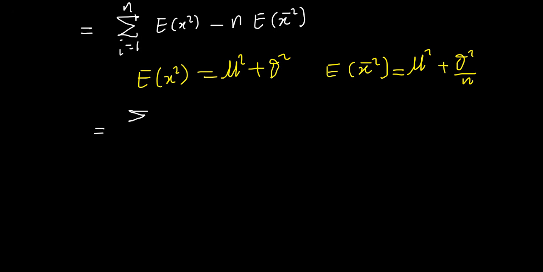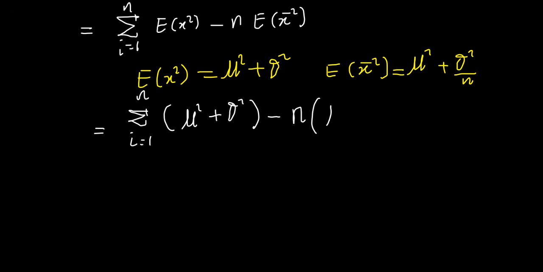That gives us the summation from the first term to n. So where there is the estimator of x squared, we can see what we're going to substitute. We are going to put mu squared plus sigma squared, and then we have got minus n. Where we've got the estimator of the mean squared, what are we going to put? We're going to put mu squared plus sigma squared divided by n.